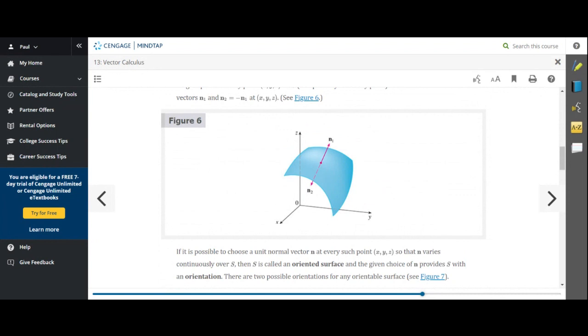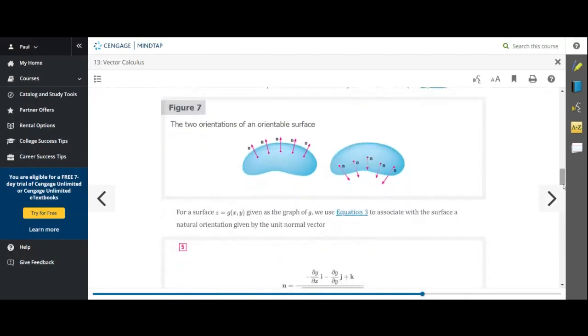So if we were to look at a surface here in general, these are two orientations of the surface. And just like with Green's theorem, you have two kinds of orientation: counterclockwise orientation, which is positive orientation, and negative orientation, which is clockwise orientation.